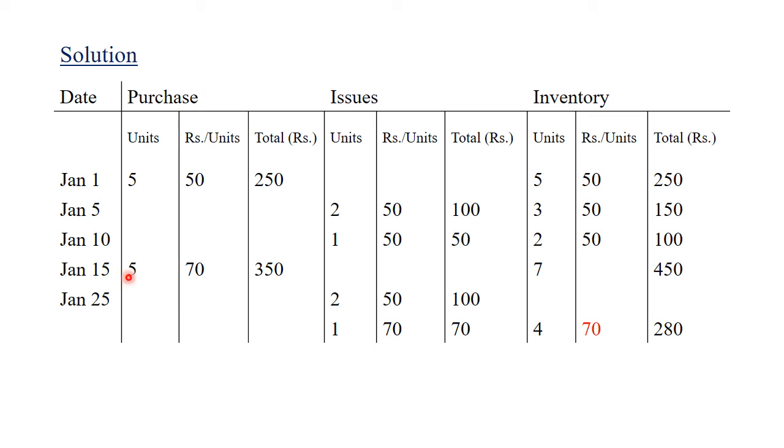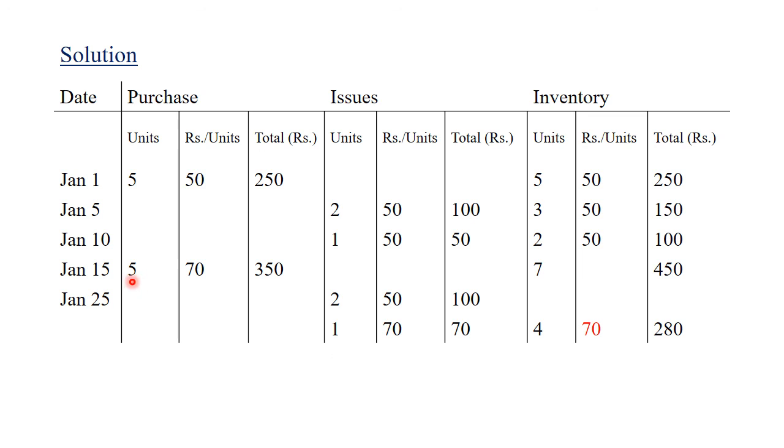So we gave away that 2 into 50, that is 100. Then from the latest purchase, that is on 15th, we have purchased 5. From that we gave away 1, which costs around 70, right? So 1 into 70, so 70, and you get how much? 170 is the total issue price.